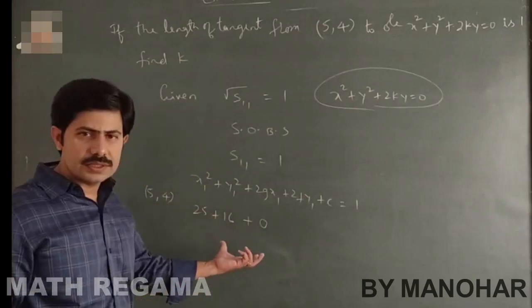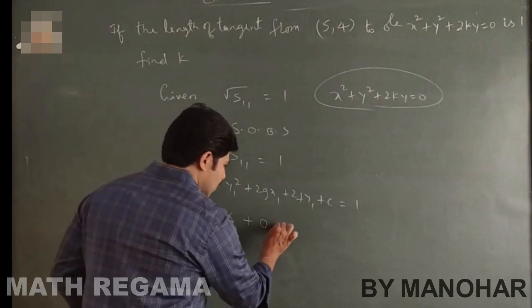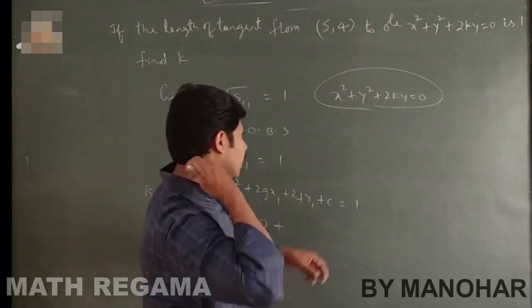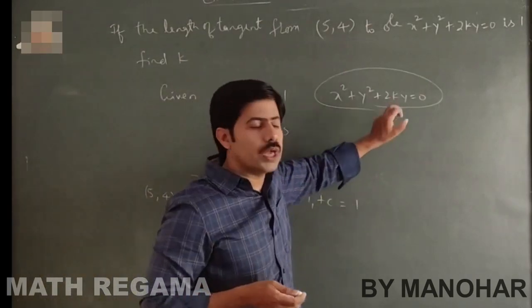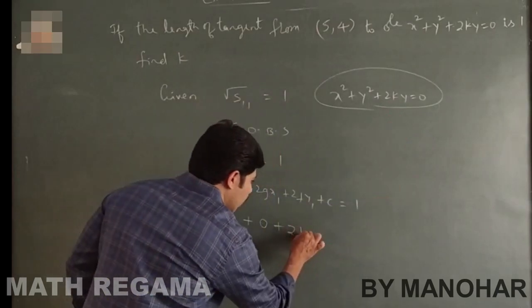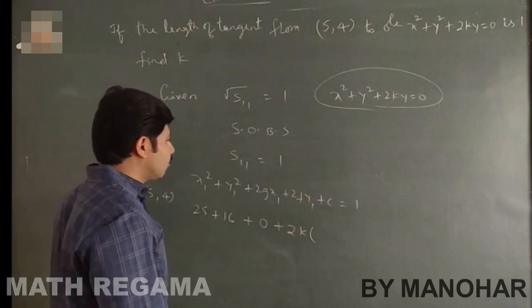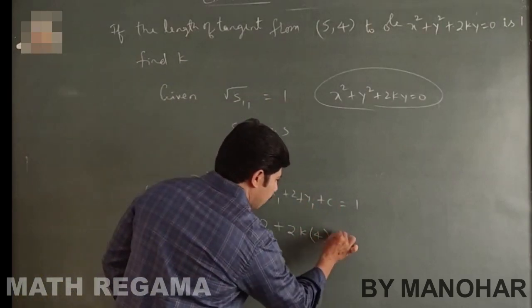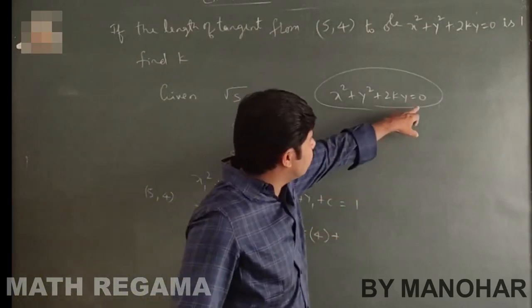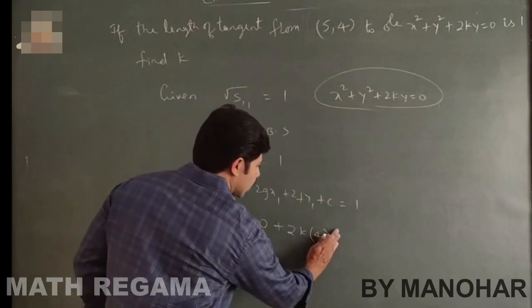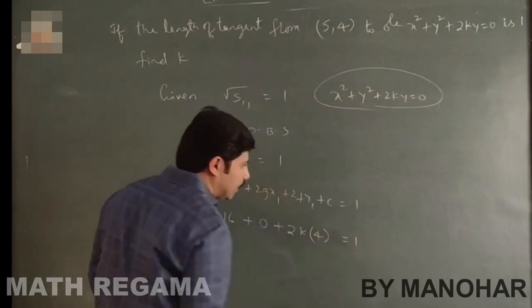0 into 5 is 0. Plus, what is the coefficient of y in the equation of circle? It is 2k. So 2k into, what is the value of y1? It is 4. Plus c: we don't have any constant, so it is understood to be 0, and it is equal to 1.